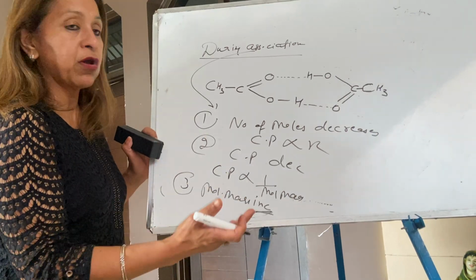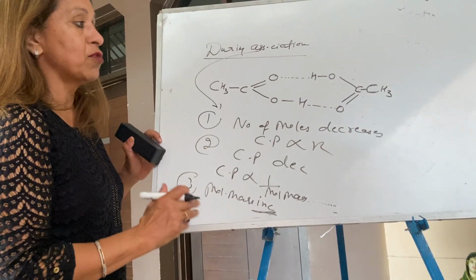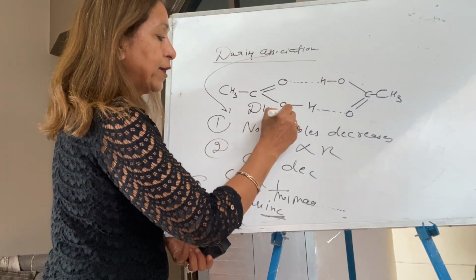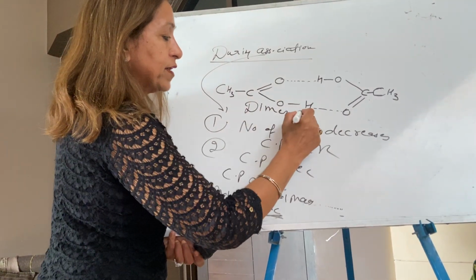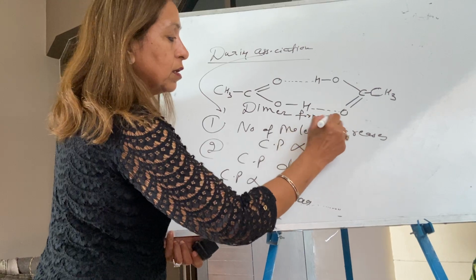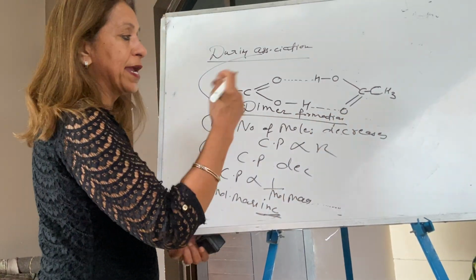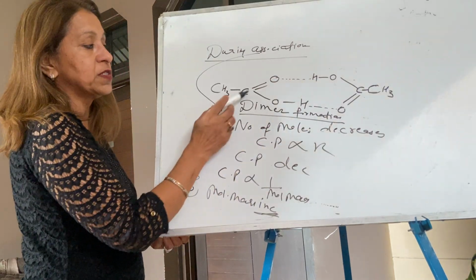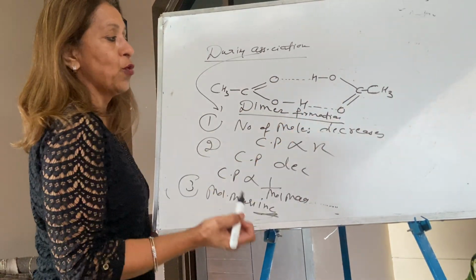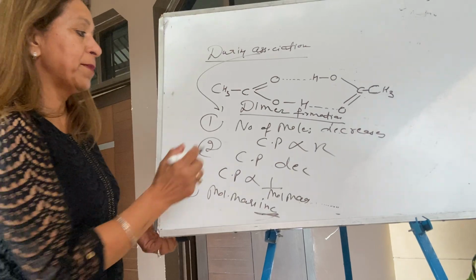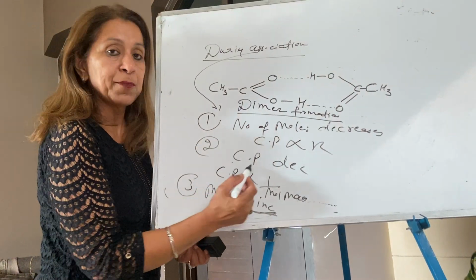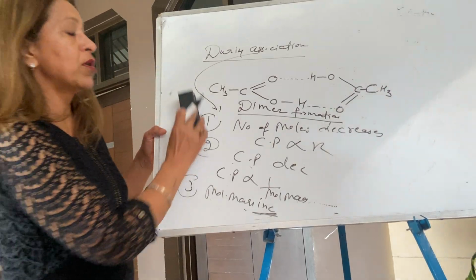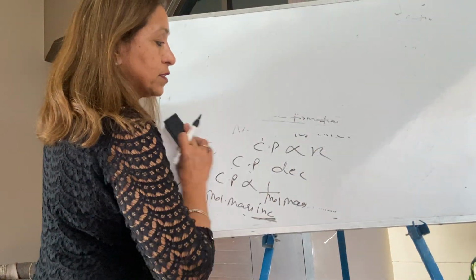This type of picture is called a dimer. Write, this type of figure is a dimer formation. Below this diagram you can mention dimer formation. 2 acetic acid joined by H bond like this, CH3COOH. This means after association, the number of moles decreases, colligative property decreases, but molecular mass increases. This increase in the molecular mass is abnormal molecular mass.